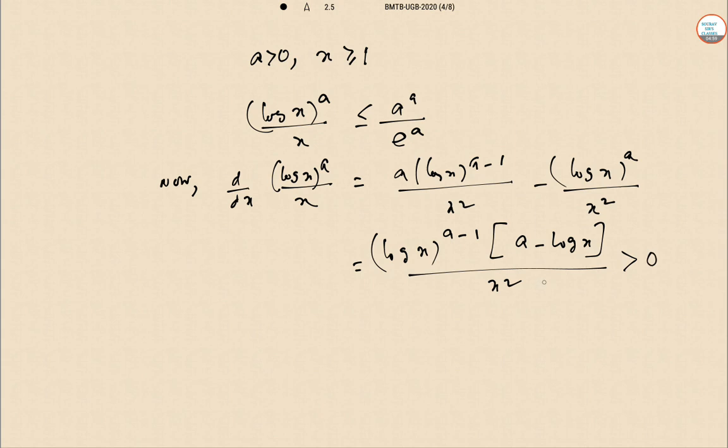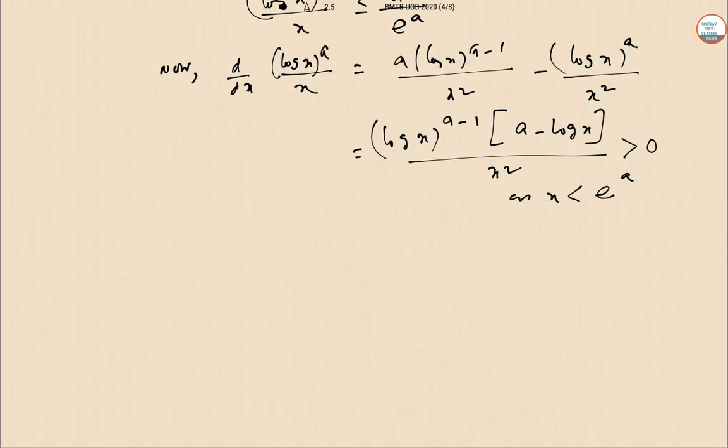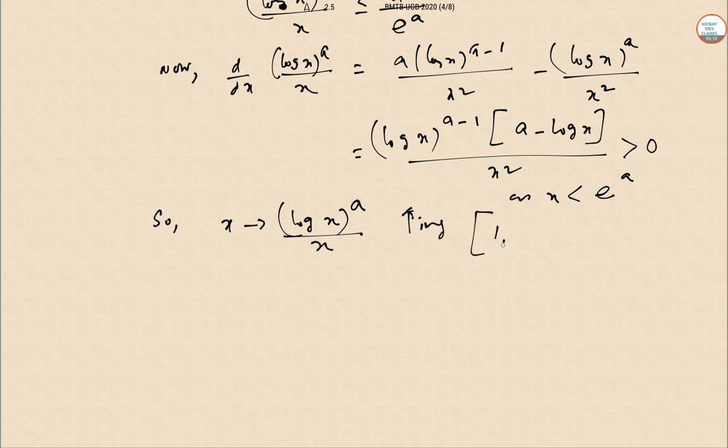Now this has to be positive, so x less than e to the power a. So the function (log x)^a by x is an increasing function between 1 and e to the power a, and also it becomes decreasing afterwards, from e to the power a till infinity.